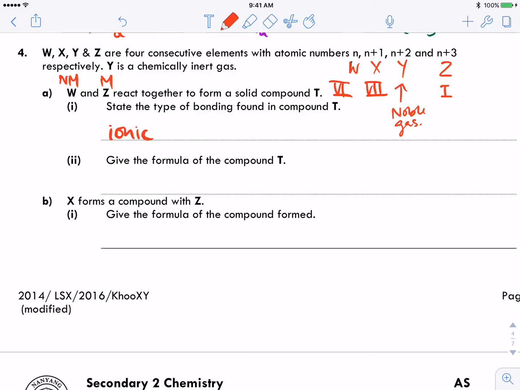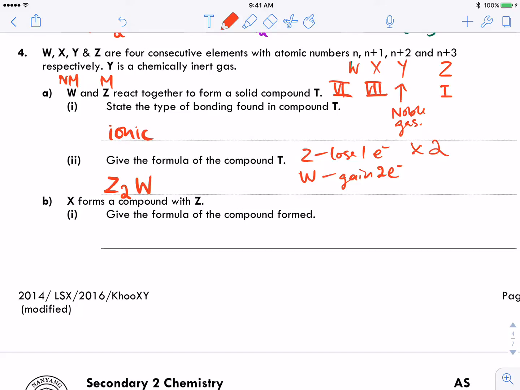So what is the formula? Again, Z will lose 1, W will gain 2. So which one must have 2? Z should have 2 of it. Again, I write Z first because Z is the one losing electron. It's the cation. So it is Z2W.